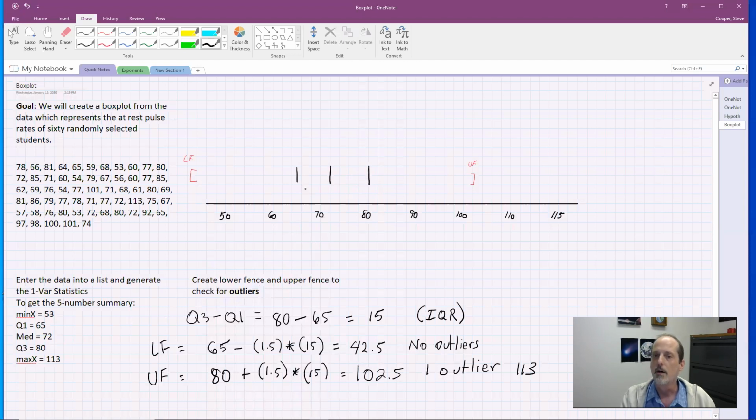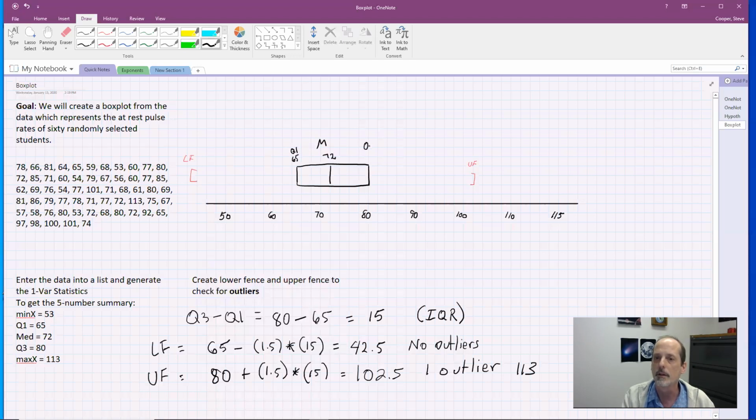So what we've created here is the box part, and I'm going to go ahead and do my best to draw the box. So this is Q1, which we know is 65. This is the median, which is 72.